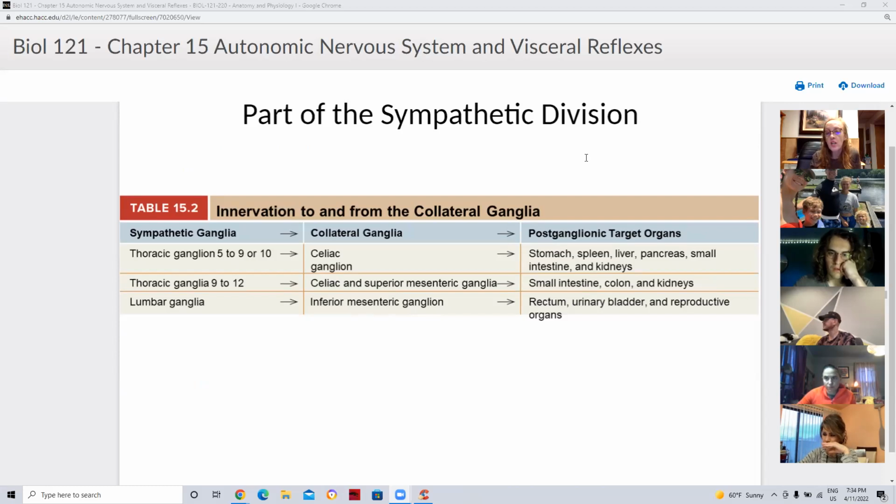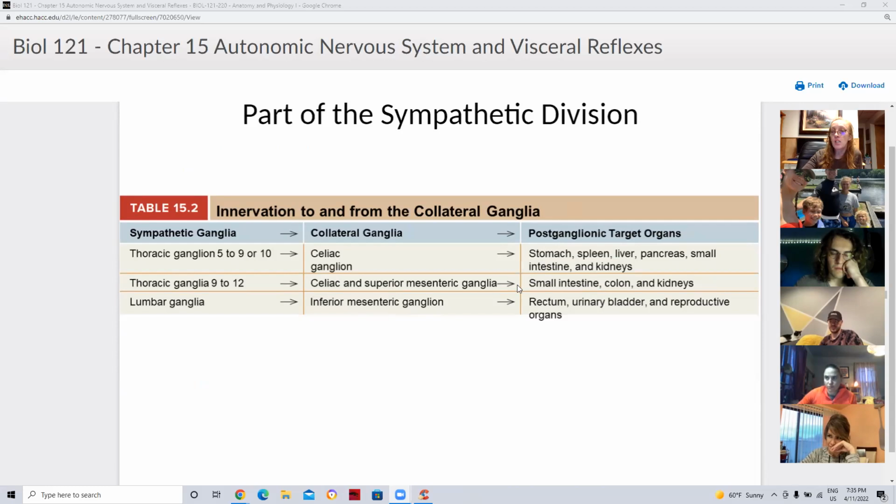There are a couple of different ganglia that belong to the collateral ganglia. The celiac ganglion is going to have postganglionic neurons that target the stomach, the spleen, the liver, pancreas, small intestines, and kidneys.